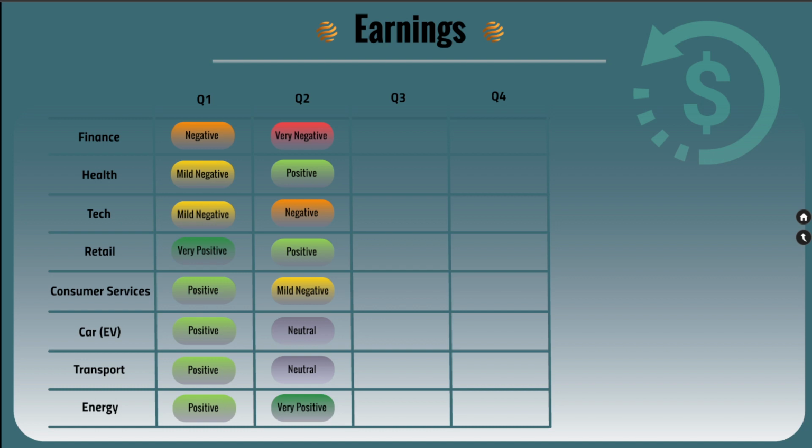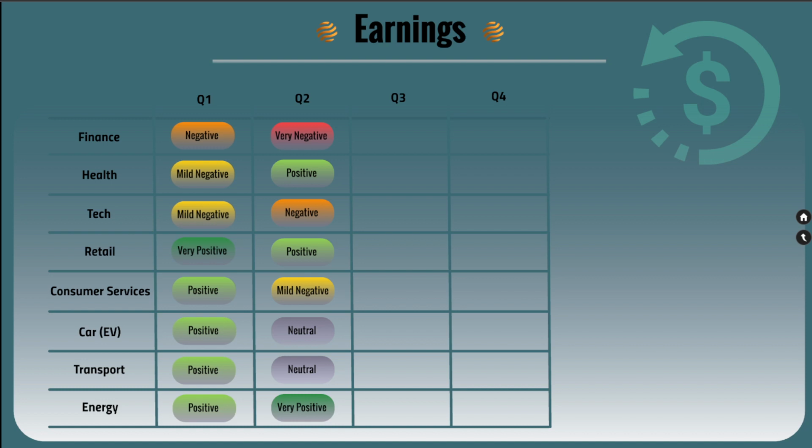Now, this is not very positive, don't get me wrong, but it's way better than it was in Q1. But the tech sector is actually worsening, and then also we got the consumer services and the car industry. Also, the transport sector is making a little bit worse results in Q2.